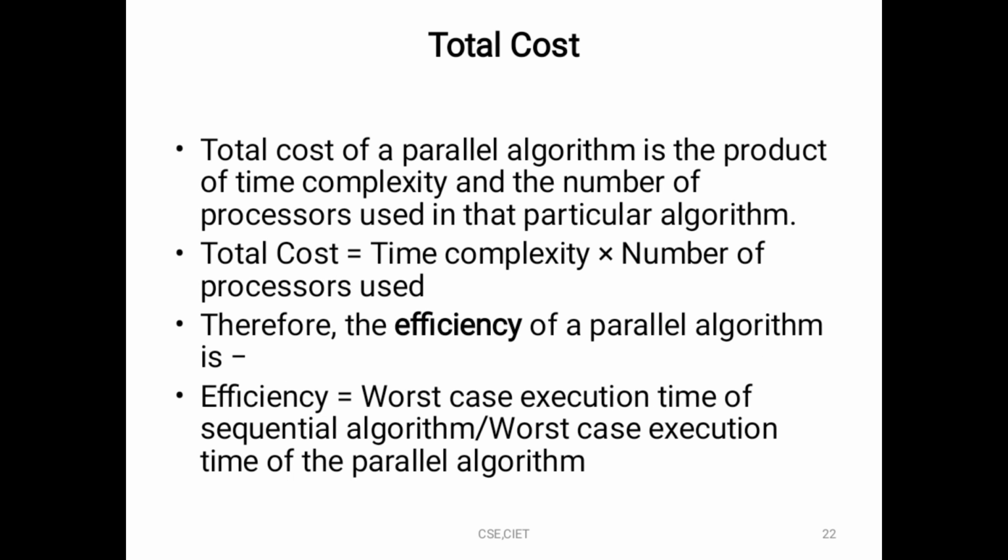The total cost of a parallel algorithm is the product of time complexity and the number of processors used in that particular algorithm. Total cost is equal to time complexity times the number of processors used. Therefore, the efficiency of a parallel algorithm is equal to the worst case execution time of the sequential algorithm divided by the worst case execution time of the parallel algorithm.